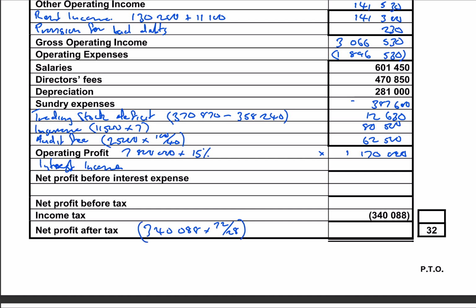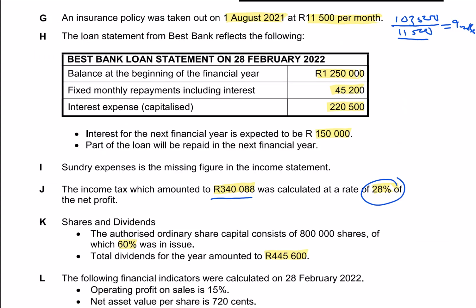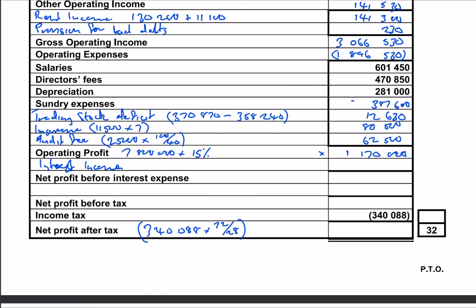So our net profit will be, let's calculate, 340,088, and make sure that I'm getting this figure correct, times 72 divided by 28, that's 874,512.